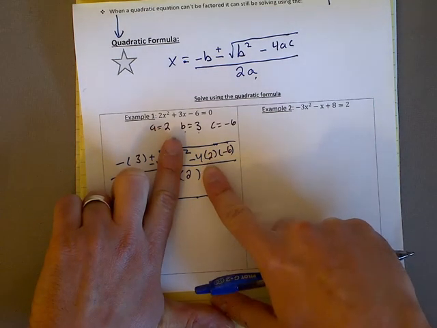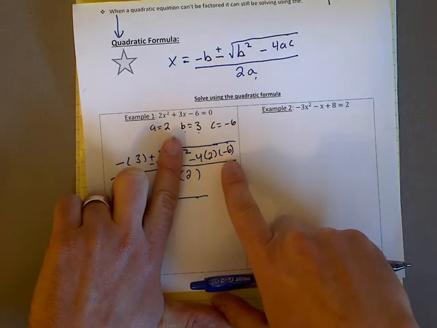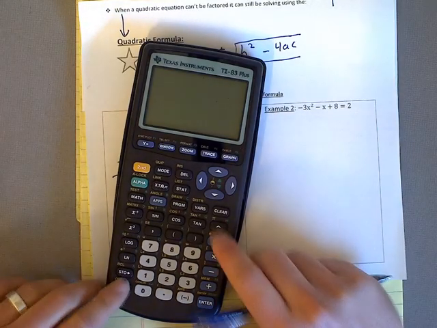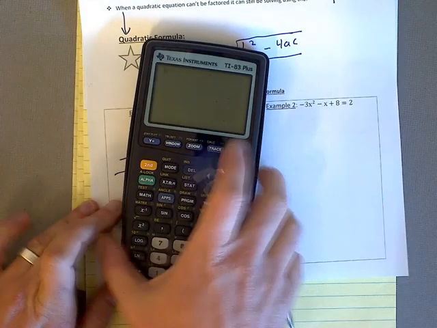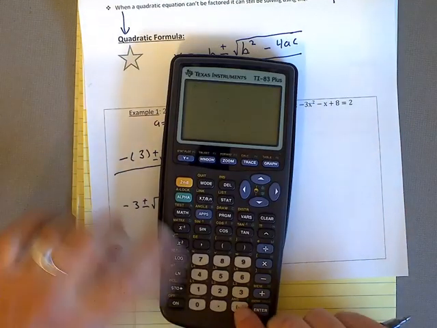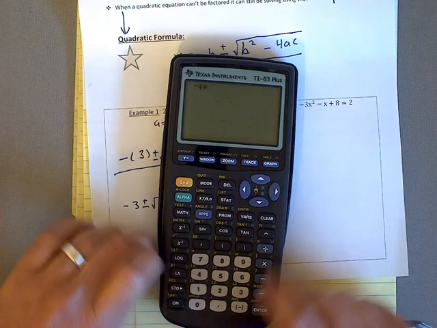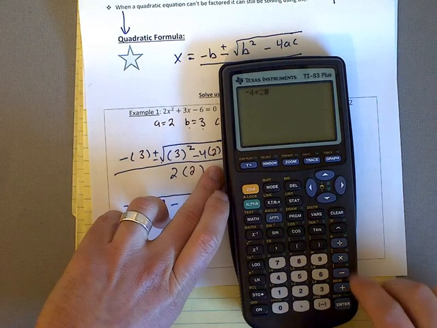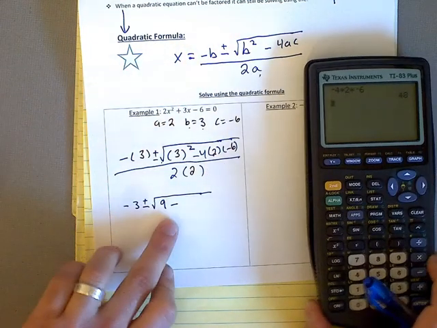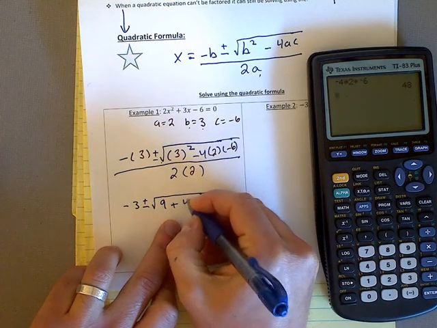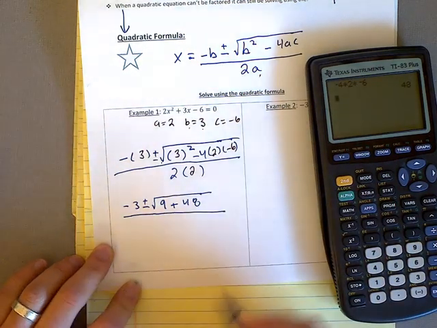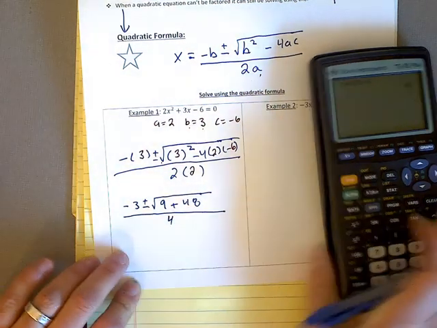And negative 8 times negative 6 is positive 48. In other words, I could always put it into the calculator. So negative 4 times 2 times negative 6 is 48. So I'm going to put in plus 48 all over 2 times 2 is 4.